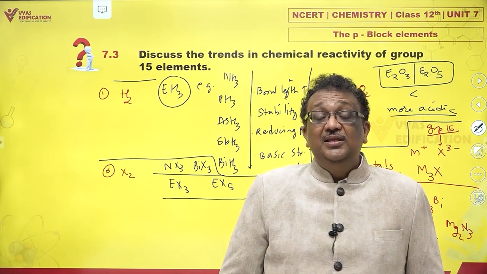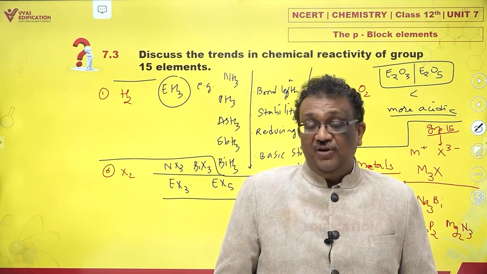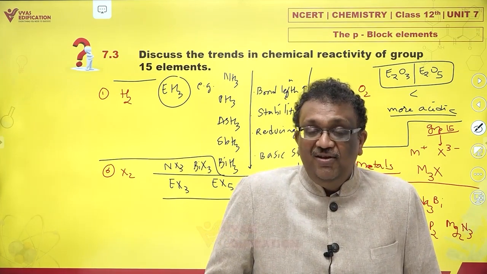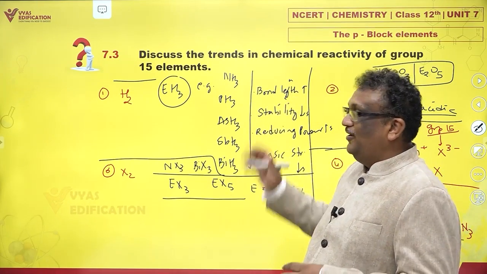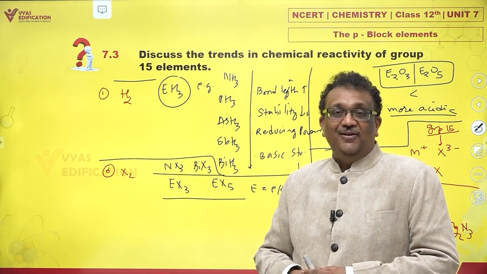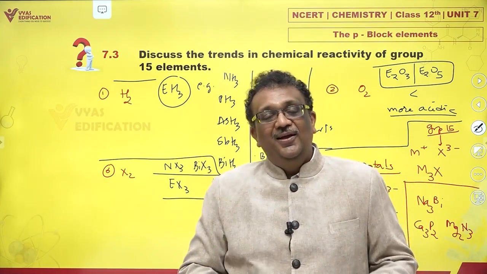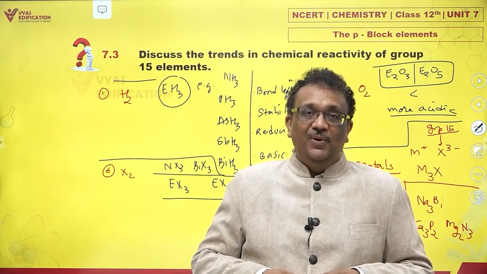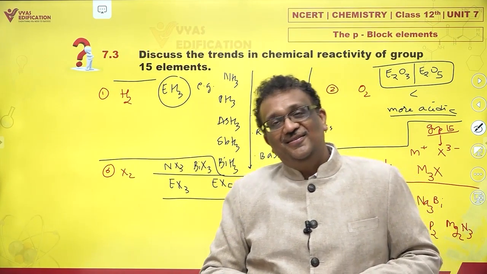I repeat, these are the properties of the products. This does not explain the trend of reactivity, nor has it been mentioned. This is the expected answer, although this is very different from the question which has been given. But this is a standard popular answer everywhere on earth, and this is what is expected by NCERT also. So my suggestion for NCERT people, change the question or give more data in the answer.